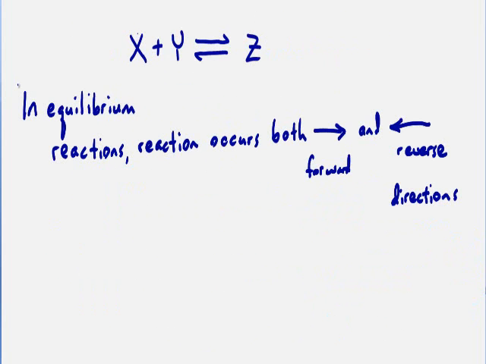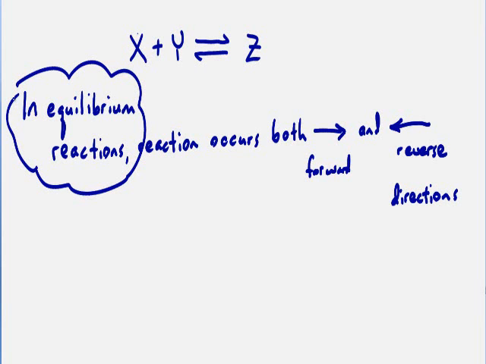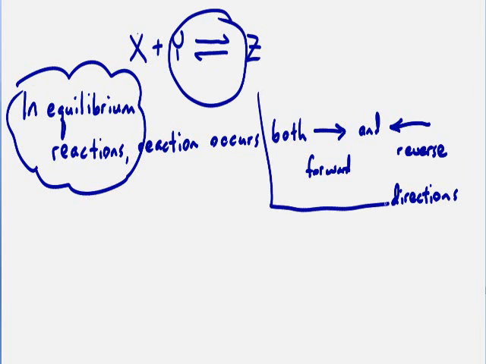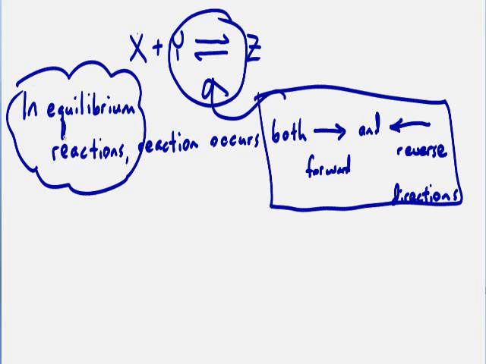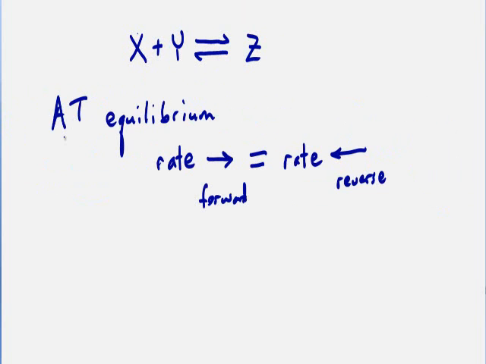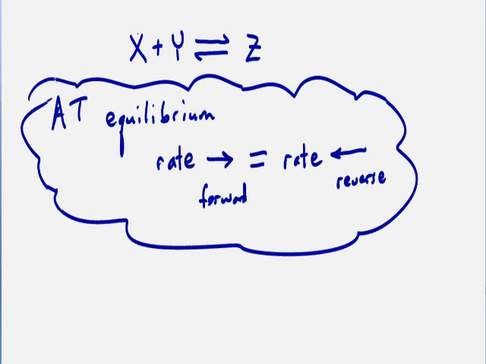Now, if we recall, in an equilibrium reaction, the reaction occurs in both the forward and the reverse directions. Let's remind ourselves what it means to be at equilibrium. Specifically, when a reaction is at equilibrium, the rate in the forward direction is equal to the rate in the reverse direction.